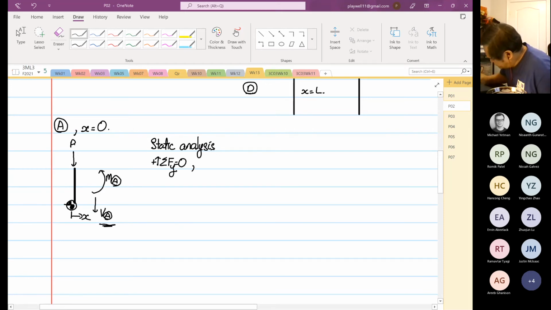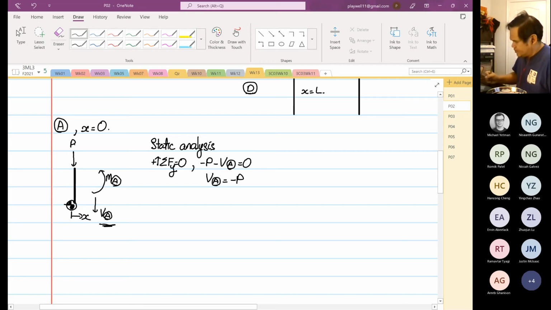So we have minus P minus V at point A is equal to 0. So V at point A is equal to minus P. Then we do moment, so summation of moment in the z direction at point A.